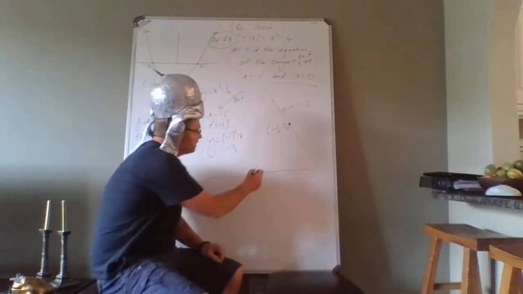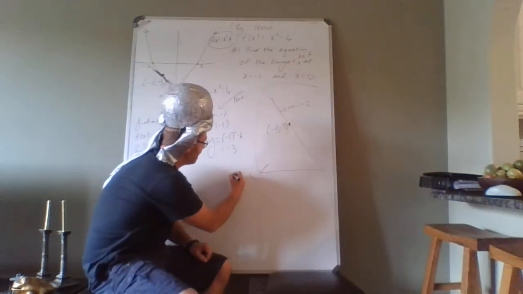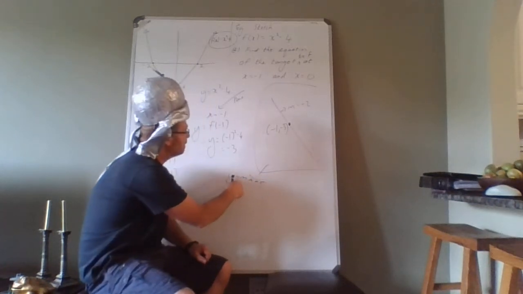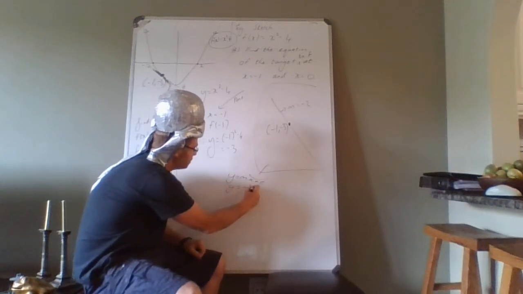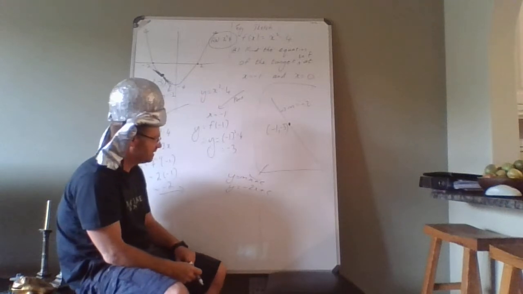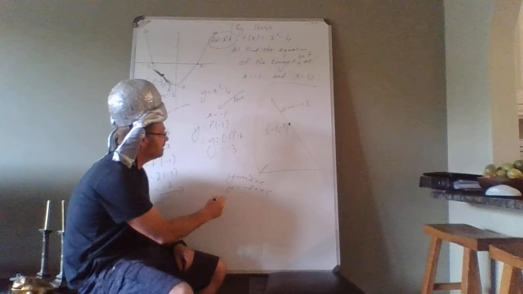So, to find the equation, you're going to say y is equal to mx plus c. Well, you know the gradient m is negative 2, so y is equal to negative 2x plus c. Now we're going to sub in the point.